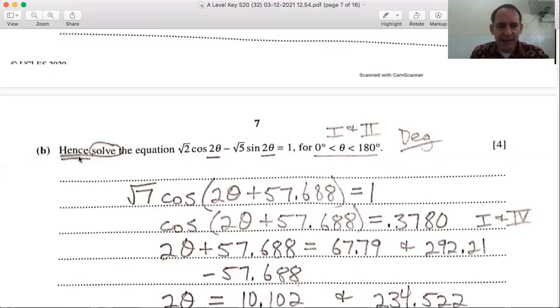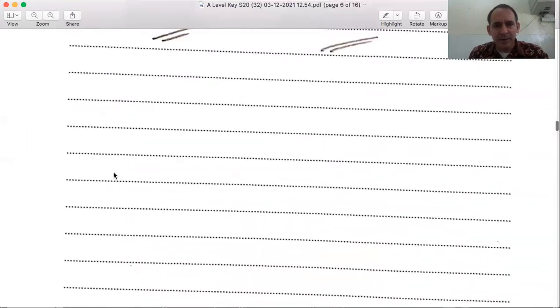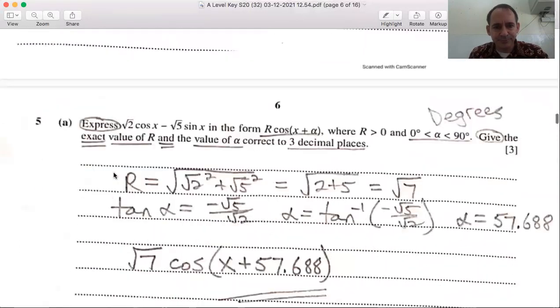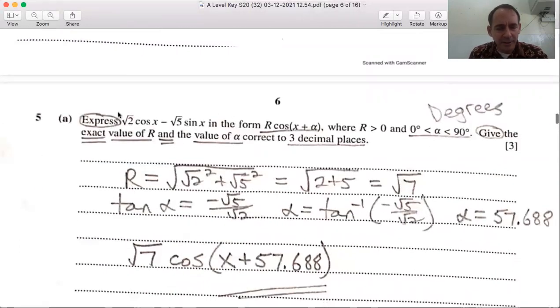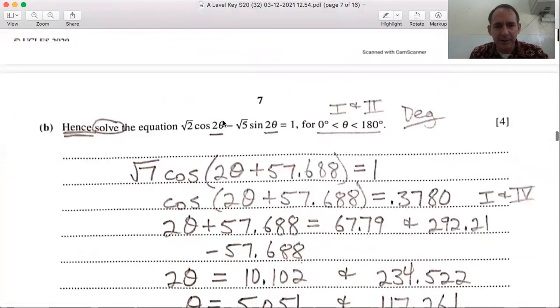Now, the word hence means there's something we need to take from the question we just did. If you look at this original expression and you look at this one here, they are exactly the same thing except for the 2 theta.